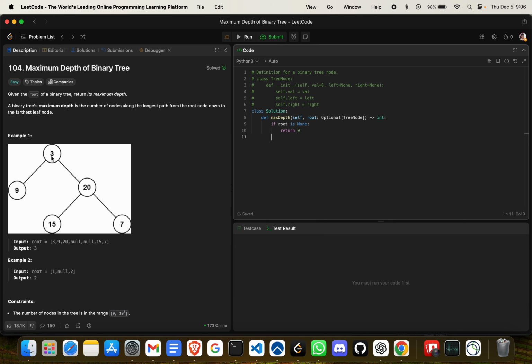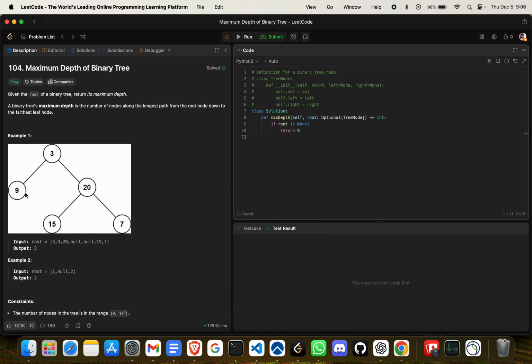However, if it is having both nodes, then it needs to return the maximum depth of the left or right. So the maximum depth for right would be 2, for left it would be 1. So we need to find out the maximum of the depth of 9 comma 20, which is 2. So you will be getting 2 from here, and we will also add 1 here because this is also another level, right?